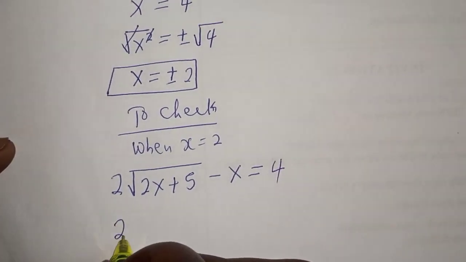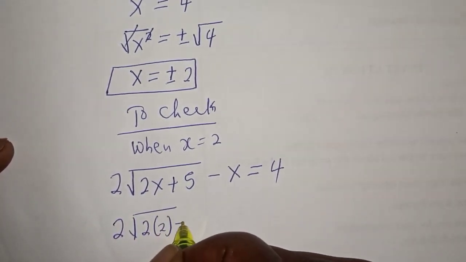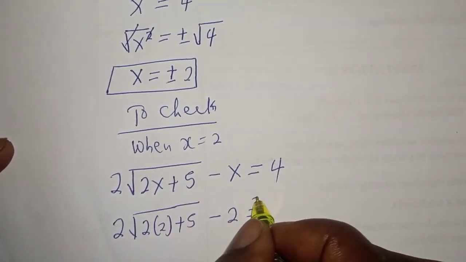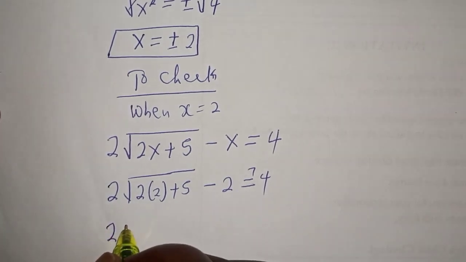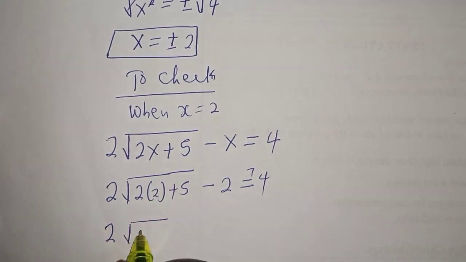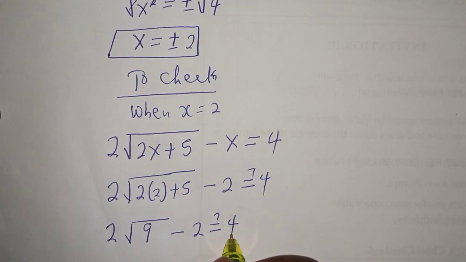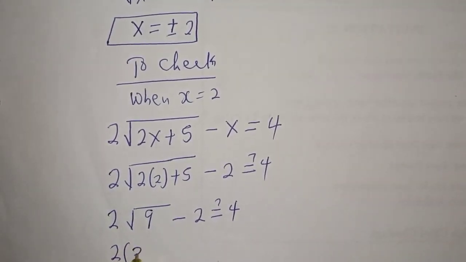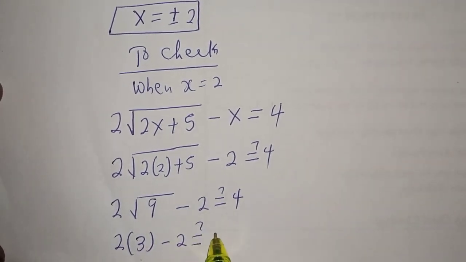Now this is 2 square root of 2 bracket 2 plus 5 minus 2 must be equal to 4. This is 2 square root of 2 times 2, 4 plus 5, that is 9, minus 2 must be equal to 4. Then here is 2 bracket square root of 9 is 3 minus 2 must be equal to 4.